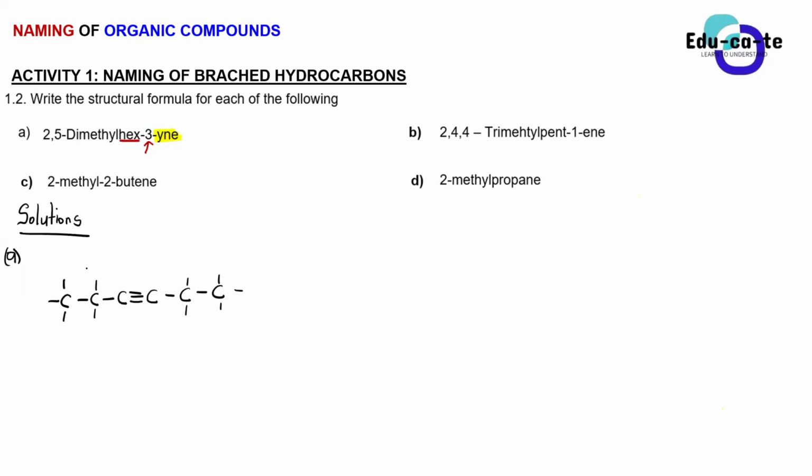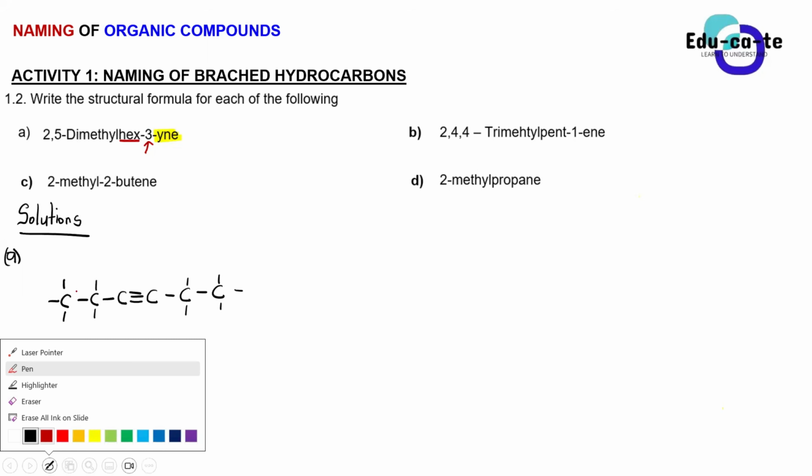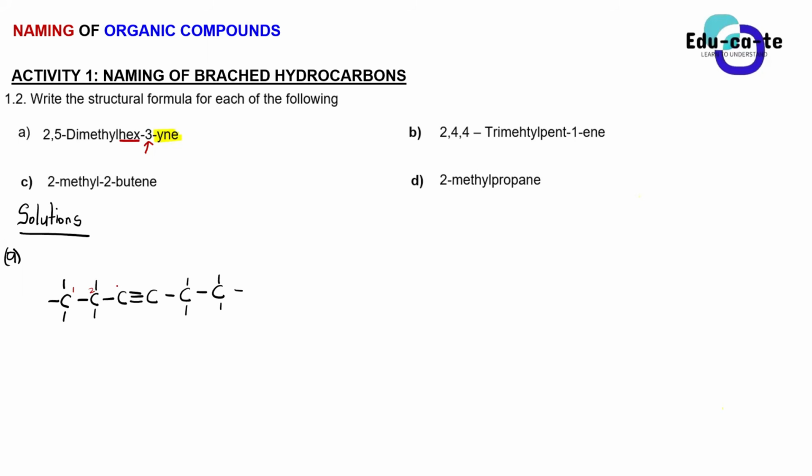The first branch sits on position 2 and the second branch on position 5 carbon. Yes, so the first branch is a methyl, because this is 2,5-dimethyl, so we have two methyl groups, one on carbon 2 and the other on carbon 5. On carbon 2, we construct a methyl group.